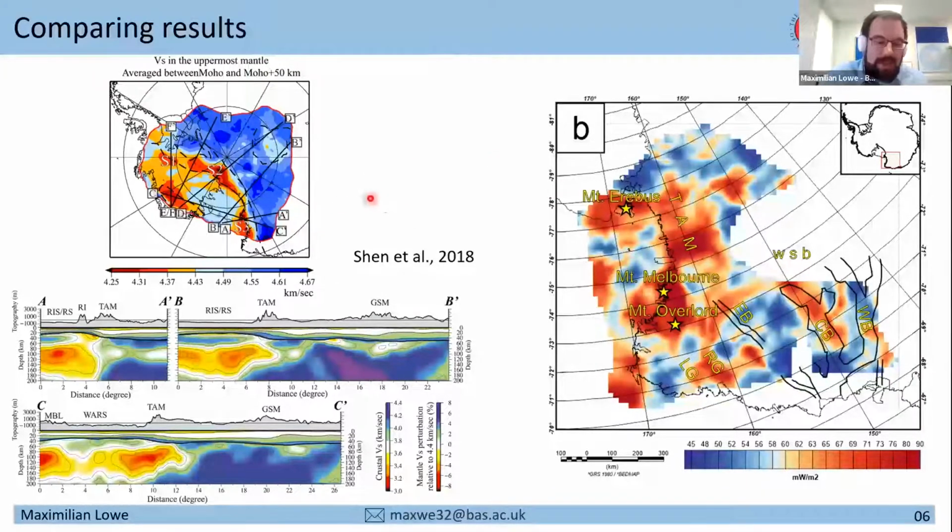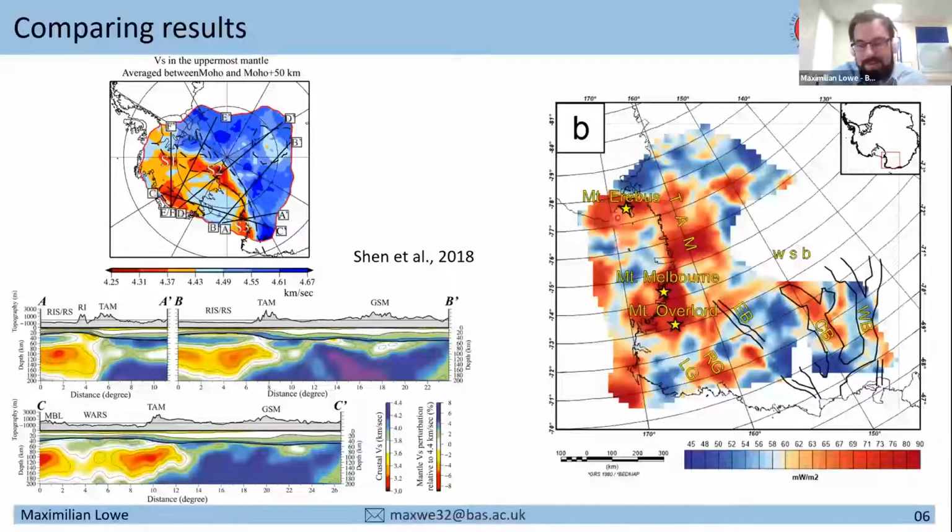And also the Shen et al. study found low velocity zones beneath the Transantarctic Mountains, which they interpreted as hotter mantle material. So the seismic studies predict that the Transantarctic Mountains are thermally supported by less dense and hotter mantle.